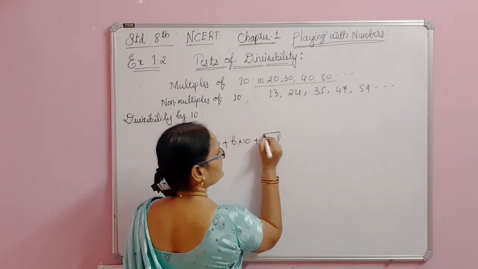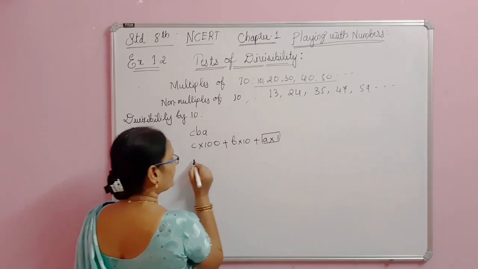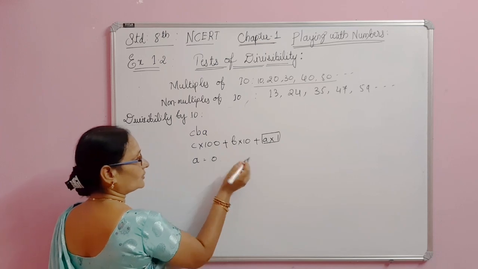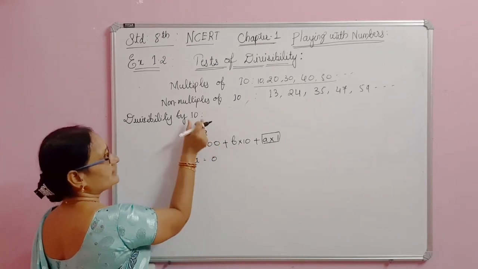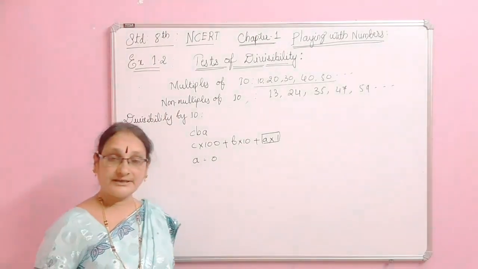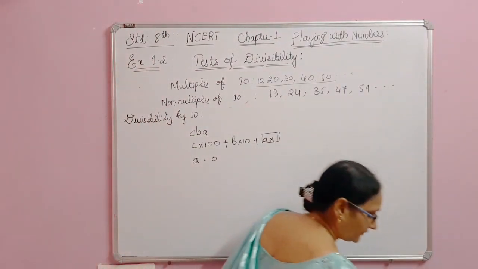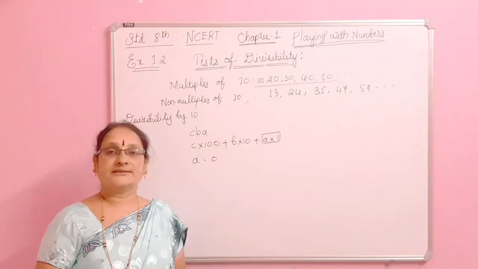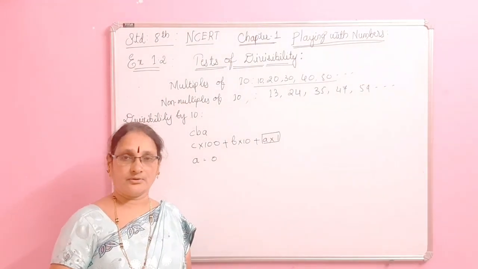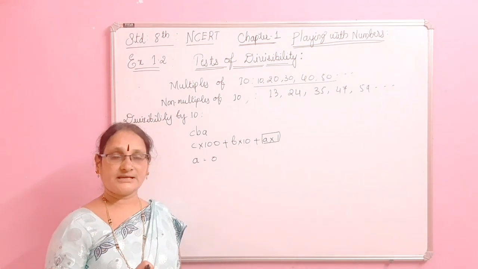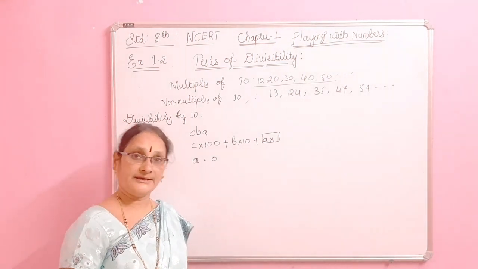Here in place of A it must be 0. Then this number is divisible by 10. This is divisibility by 10 in the general form: the numbers which have 0 in the ones place are divisible by 10.